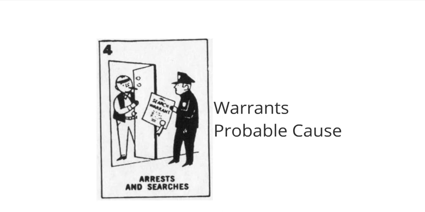Your tail light is out on your car, or you were driving erratically, or you were speeding. If they can't give you a good reason for that, then they can't hold you and they can't arrest you. And in many of the cases where racial profiling has happened, it has shown that the police were in the wrong during that time. So, number four is the fact that you cannot be arrested or searched without probable cause and a warrant.